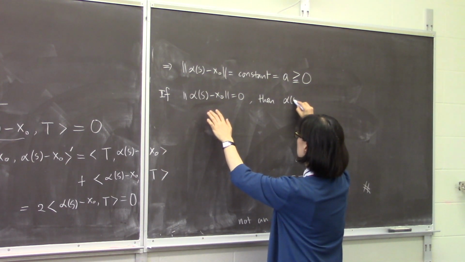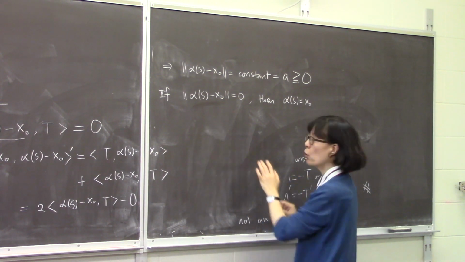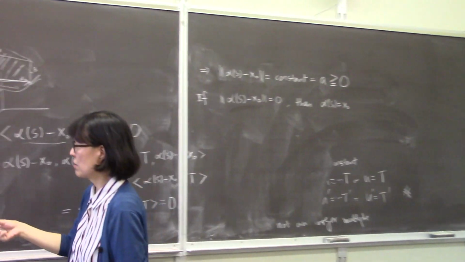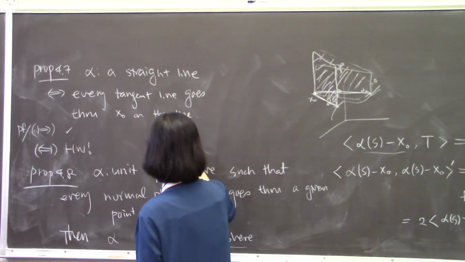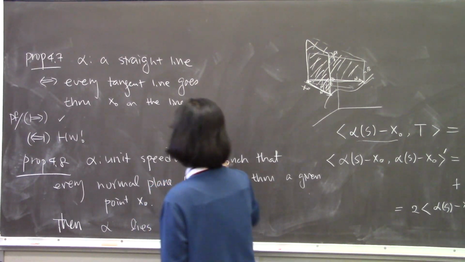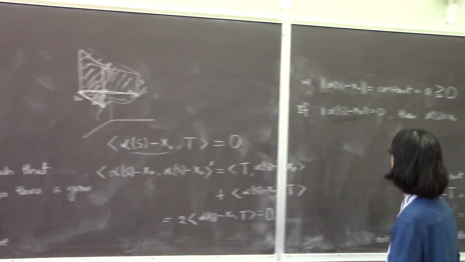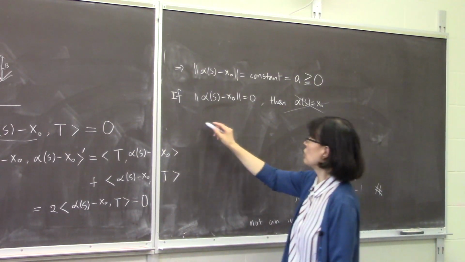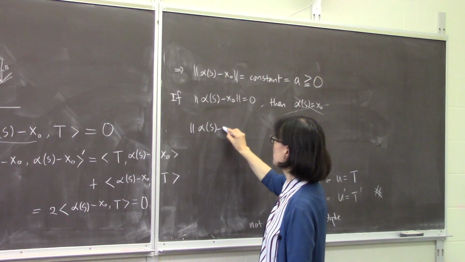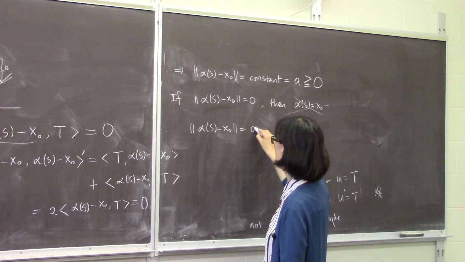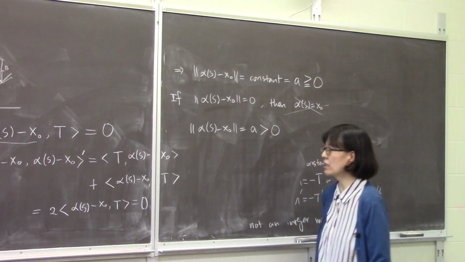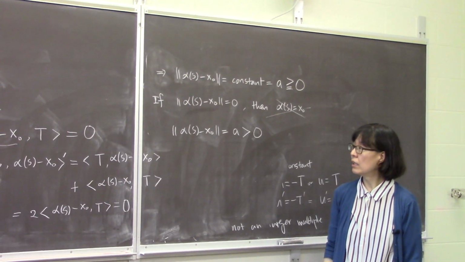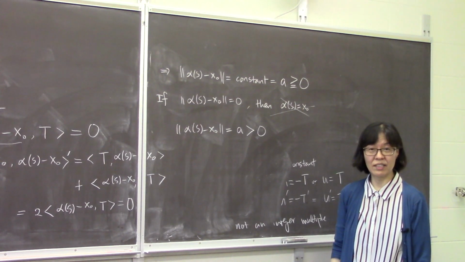Then alpha of s is x0, a point, and that is not a regular curve. So, unit speed regular, that is not the case we should consider. So what do you know then? It's not 0, so that has to be a strictly positive constant.